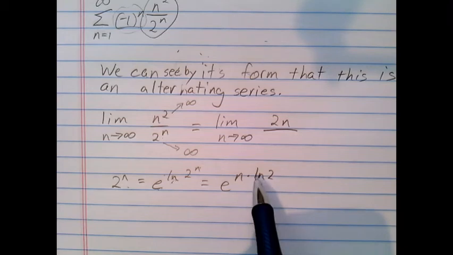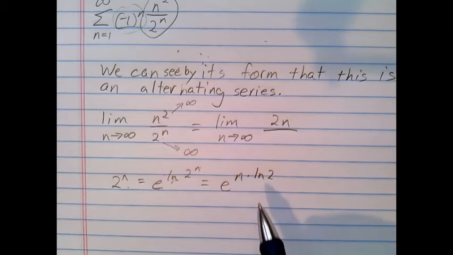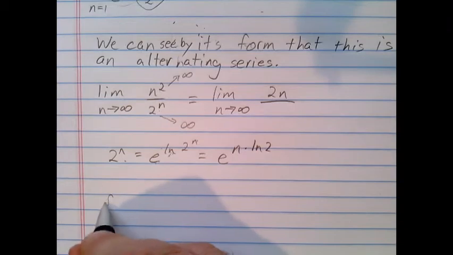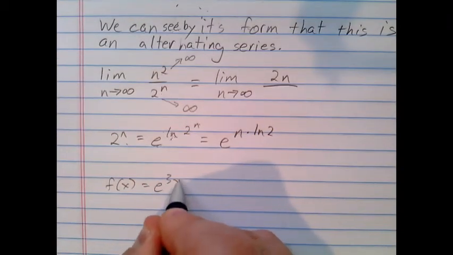Okay, so now I see that this is really a function that has the form of e to a variable times a constant. So in principle, this is kind of like f of x equals e to the 3x.